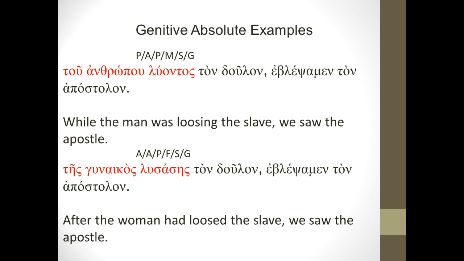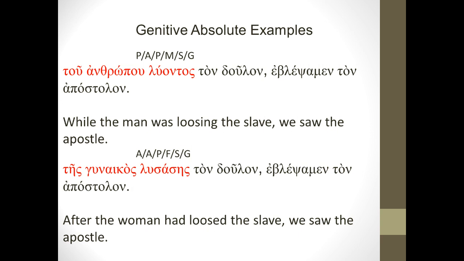Notice that I have here in the red tou anthropou luontos. Luontos is our participle, present active participle, masculine singular nominative. Excuse me, masculine singular genitive. Notice that the words preceding it, tou anthropou, are also masculine singular genitive. Now, if I were to translate this literally the way it shows up, it would be "of the man of loosing."